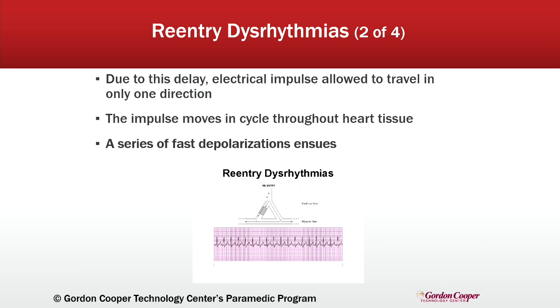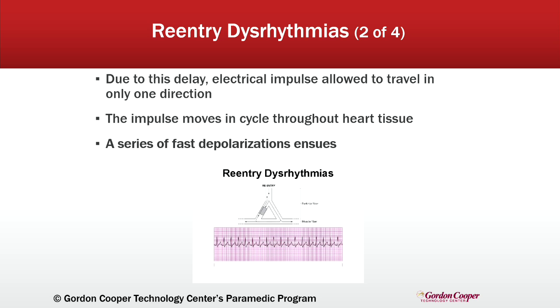Now, when there's a delay in the normal electrical conduction, it allows that impulse to travel in only one direction. This happens because the pathway the impulse usually takes is blocked or delayed, preventing it from traveling in its normal route. As a result, that impulse starts to move in a cycle throughout the heart tissue, repeatedly reactivating it.